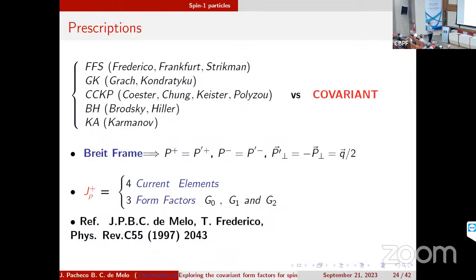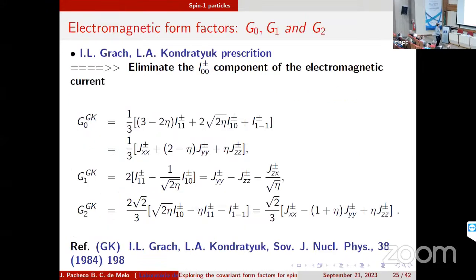Then you have the most famous prescriptions: Frederick, Frankfurt, Strikman, Inna Grach, Chung, Keister, Polizou, Brodsky, Hiller, Professor Karmanov. It is in this work, more details if you want. And Inna Grach eliminates the component 0, 0 plus. She does not eliminate minus because she does not calculate minus. I am the one that calculates.